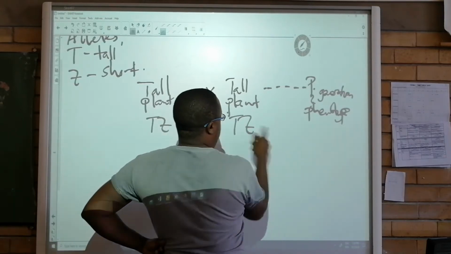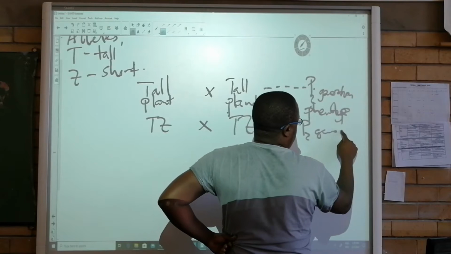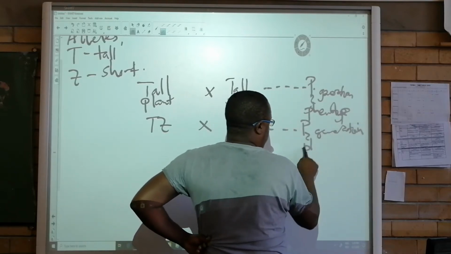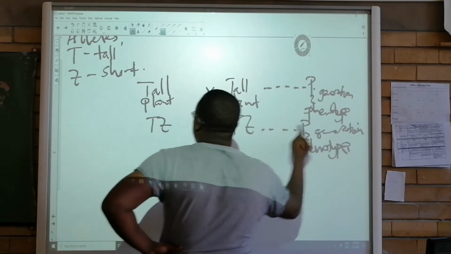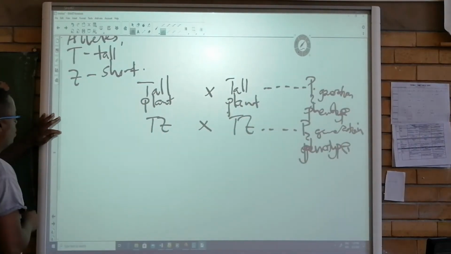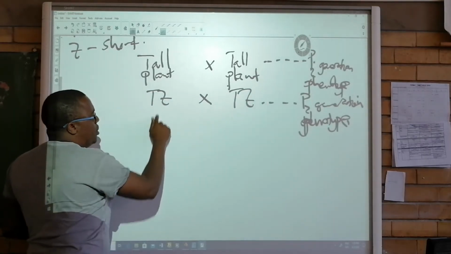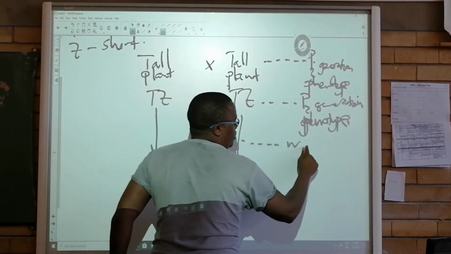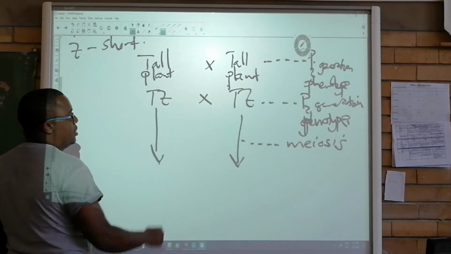Right. So this was the genotype, this is the P2 generation genotype. And then the next thing that happens is meiosis. Meiosis gives you what?